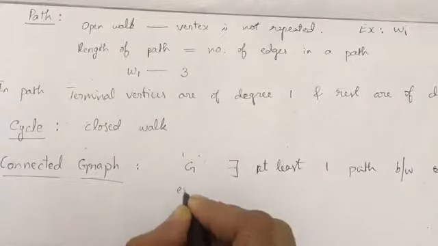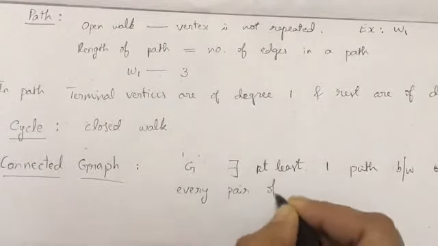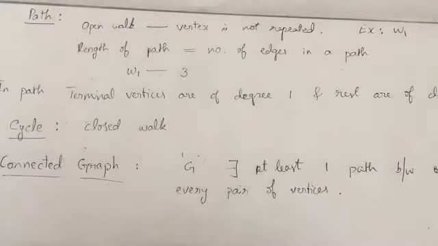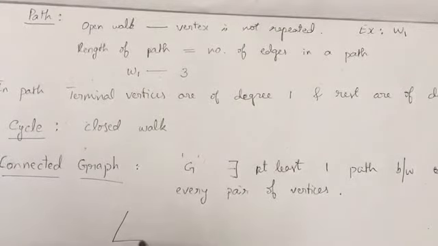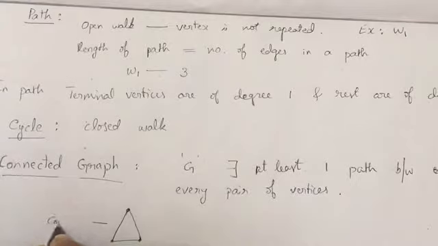Otherwise, the graph is said to be disconnected. Suppose, see, this is a connected graph.